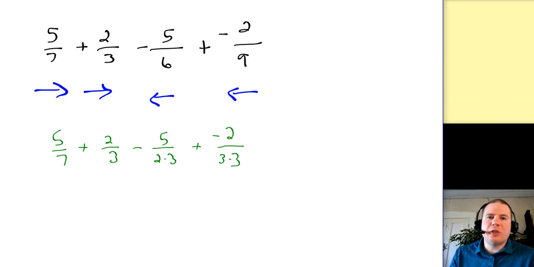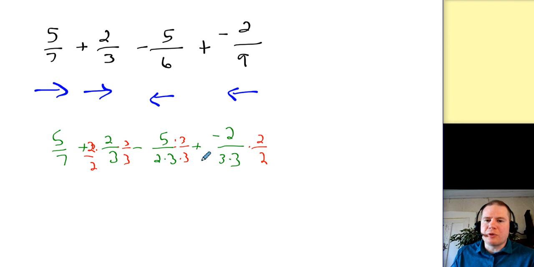I see all those 3's running around my denominators. I'm going to say, well, this one has 2 3's. Let me give that one a second 3 here. This one needs another 3. Now they're almost the same, but he's got a 2, so let me give him a 2. And 3 3, he needs a 2, so let me give him a 2.